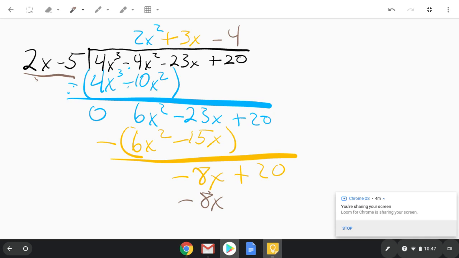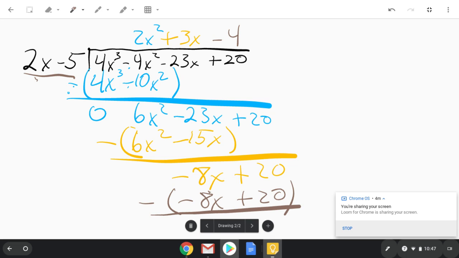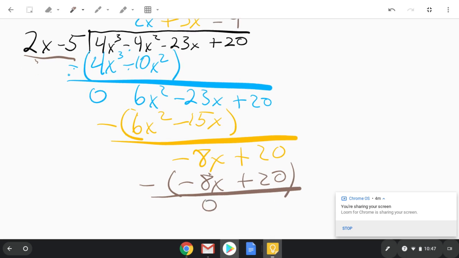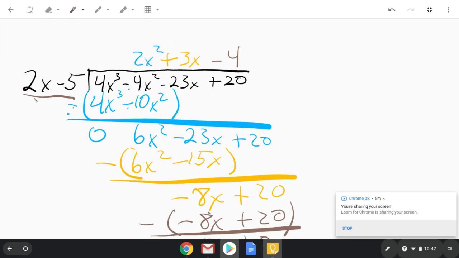And negative 4 times negative 5 gives us positive 20. Now you'll see when you subtract these, everything cancels. Negative 8x minus negative 8x, well, that's 0. And 20 minus 20 is 0. So we have no remainder on this. So our final answer would just be this right there.